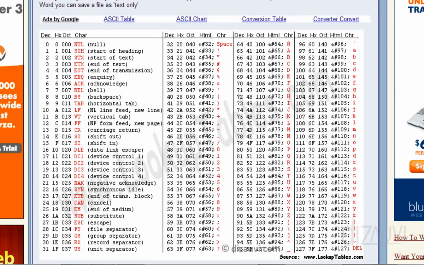This table contains a decimal integer value, also its corresponding hex and oct values if you need them, and the character that the integer represents. And because computers were invented in the English speaking world, these were all the characters that were ever required apparently. So 0 to 127 integers mapped to different characters.